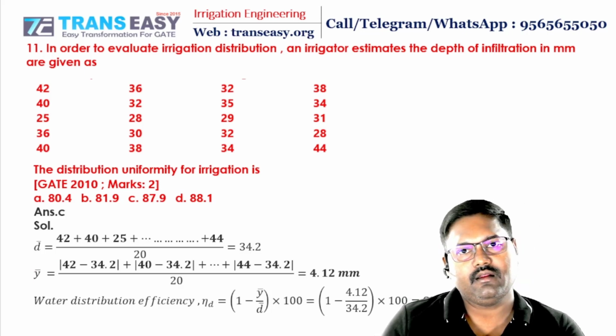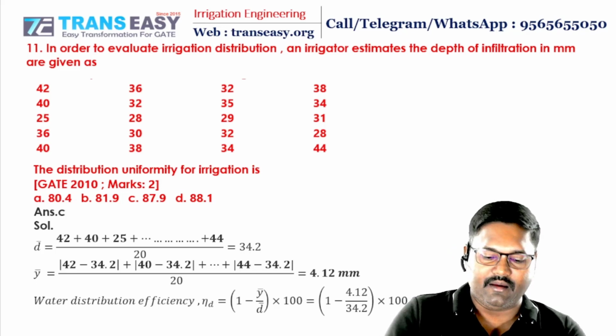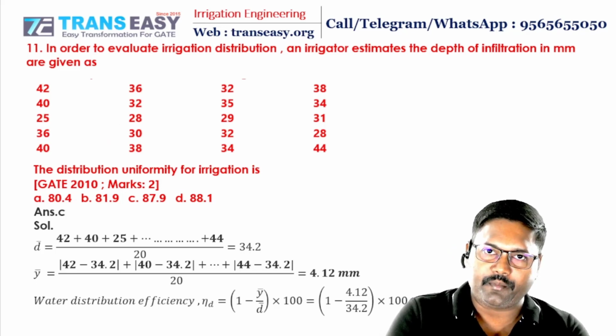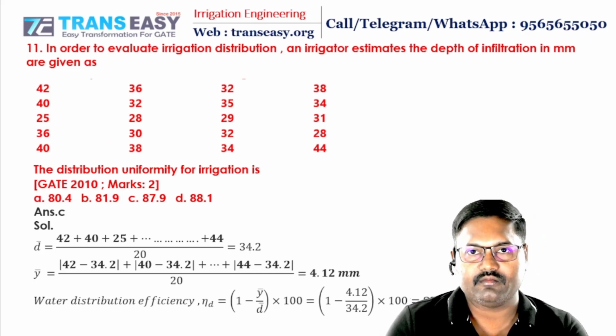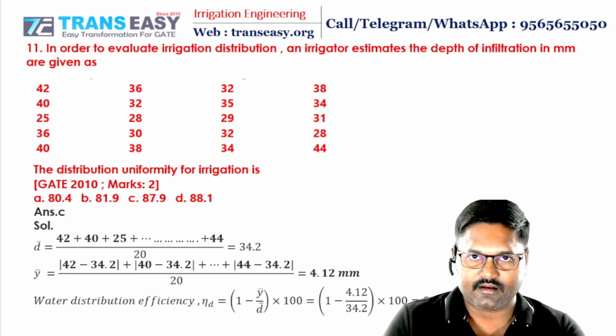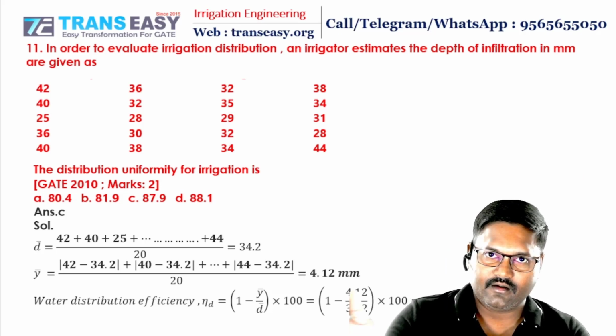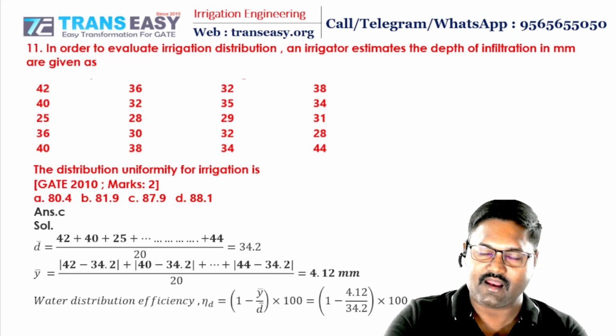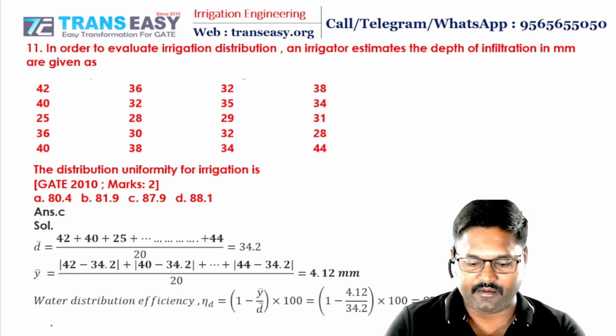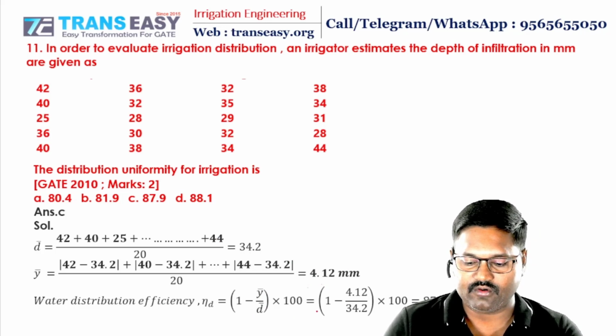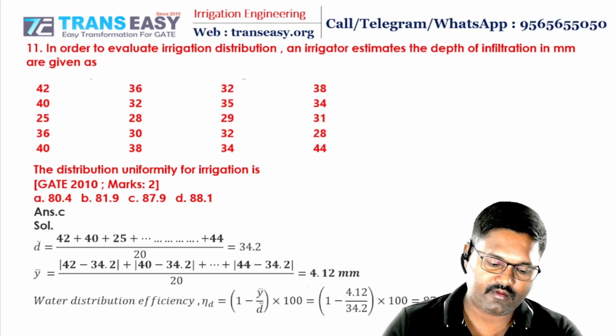Now we find deviation in depth of irrigation from this average depth of irrigation, take the absolute deviation, and take the average. Water distribution efficiency is coming as 1 minus this value upon this value, into 100.